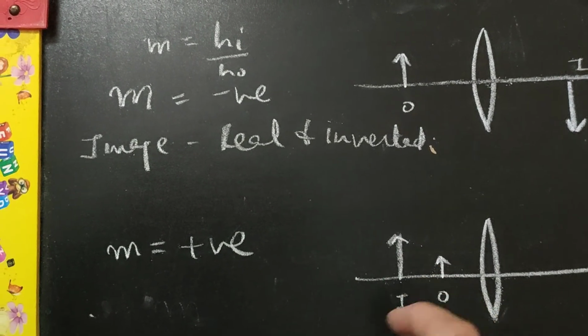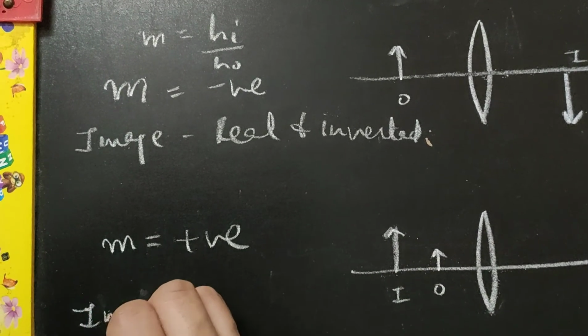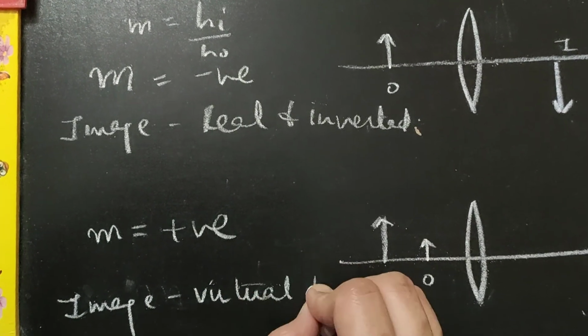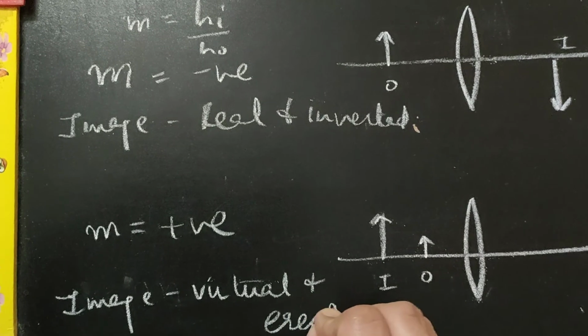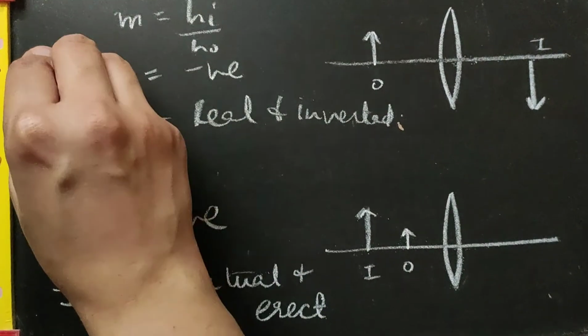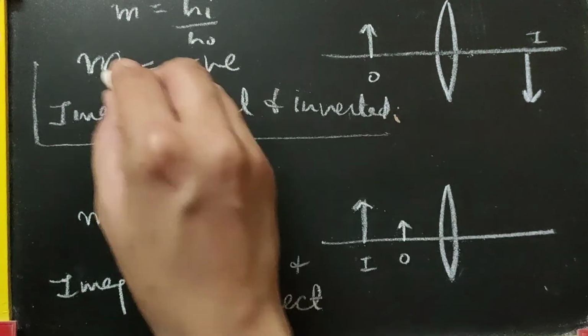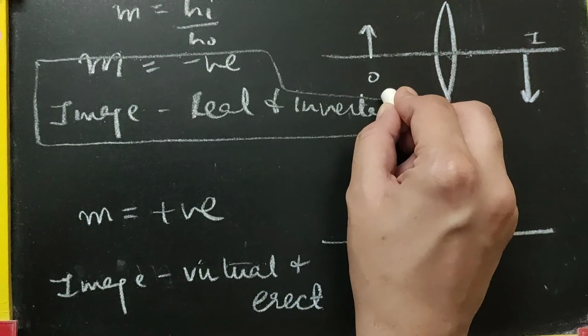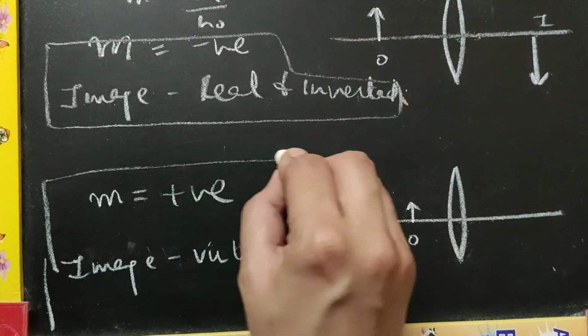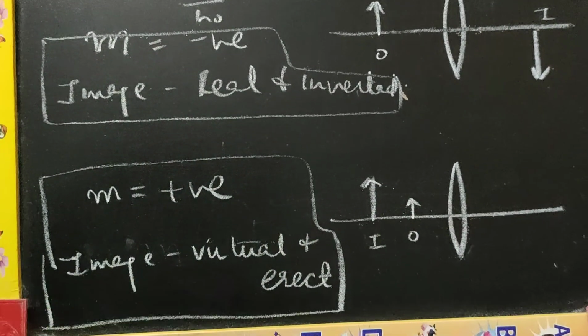This is possible only when the image formed is virtual and direct. So what we have inferred here is that if magnification is negative, image is real and inverted, and if magnification is positive, it means that the image is virtual and direct.